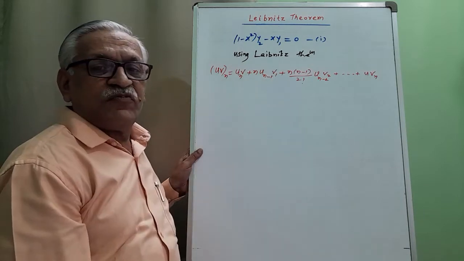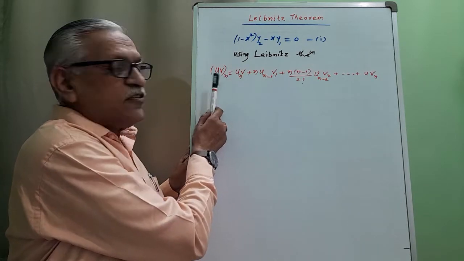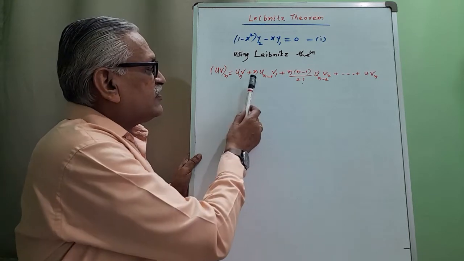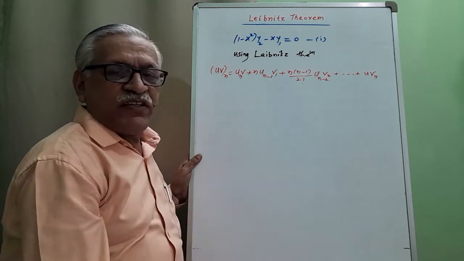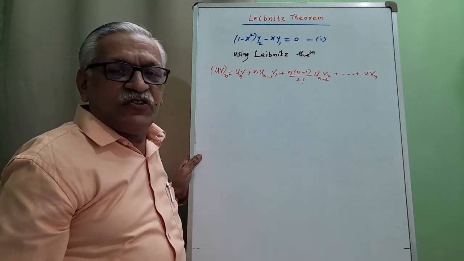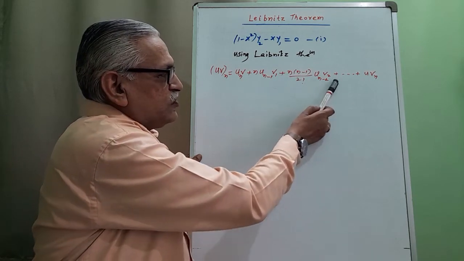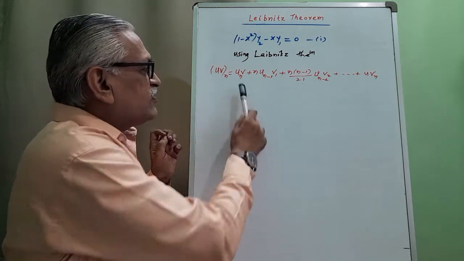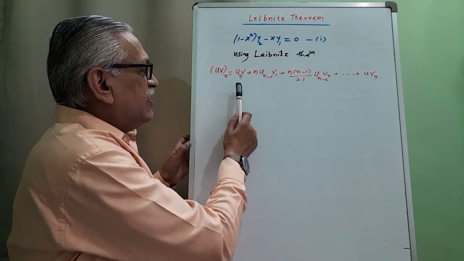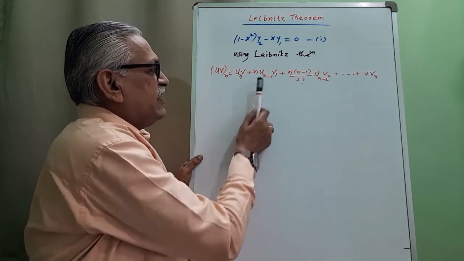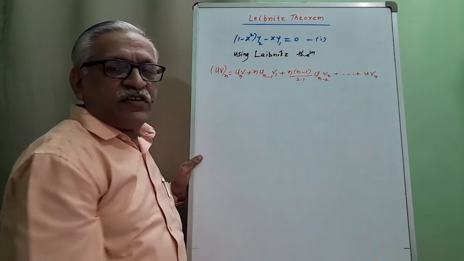Leibniz theorem states: nth derivative of the product uv is un v, plus n into u(n minus 1) into v1, plus n(n minus 1) by 2 factorial into u(n minus 2) into v2, and so on. The last term is u into vn. All the suffixes stand for the derivatives. Here the derivatives of u are in decreasing order and derivatives of v are in increasing order.